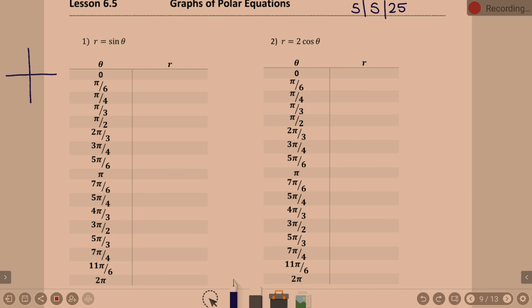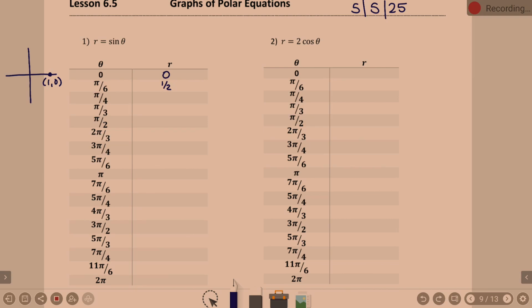We're doing this without the calculator at first. The ordered pair there is 1 comma 0, so if we're going cosine, sine, then it is 0. Okay. What about the sine of pi over 6? It is 1/2.